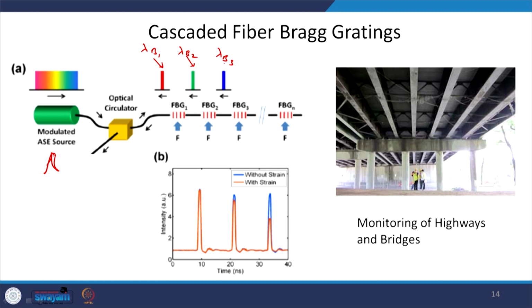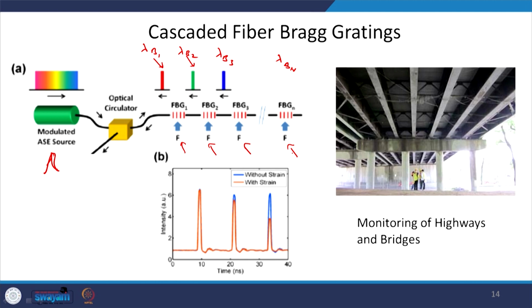These are designed in such a way that they will have different responses. So, if you send a polychromatic light, what will happen? If there is a change at any of the gratings, it can tell which of the gratings there was a change.